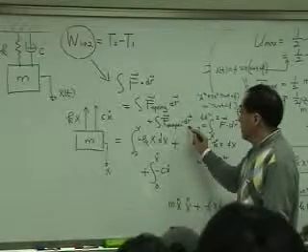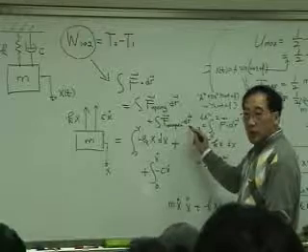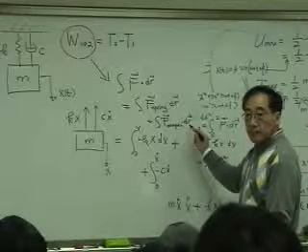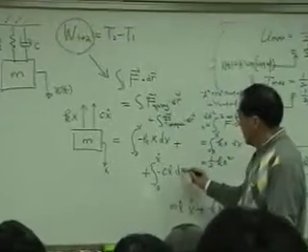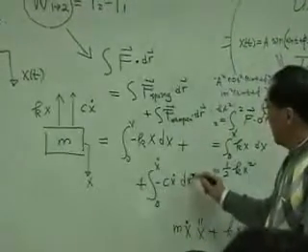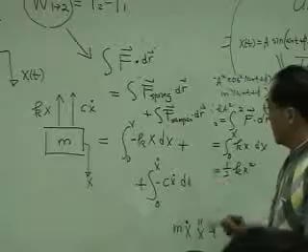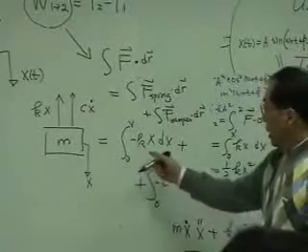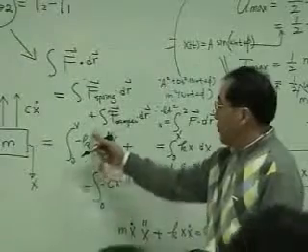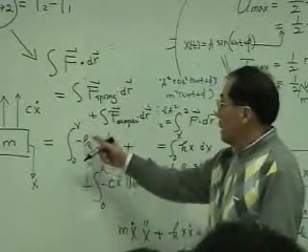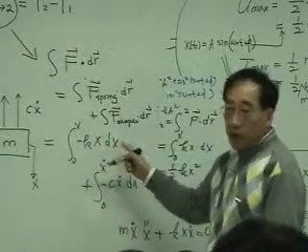And this, in this case, is Vx dot star. And if I do this, what I have to do is I have to do the 1/2 minus kx squared minus 0.